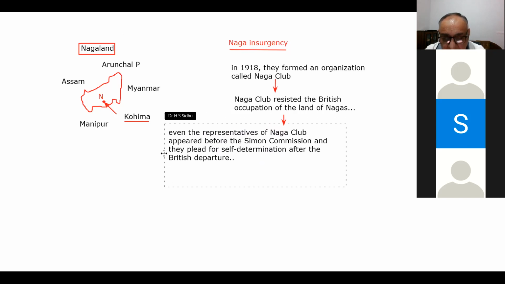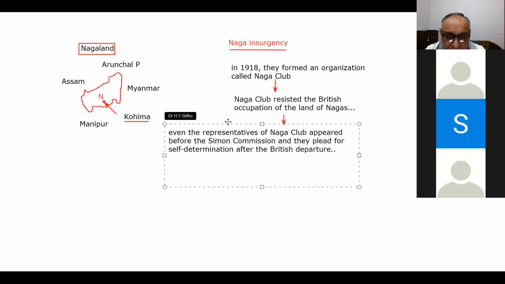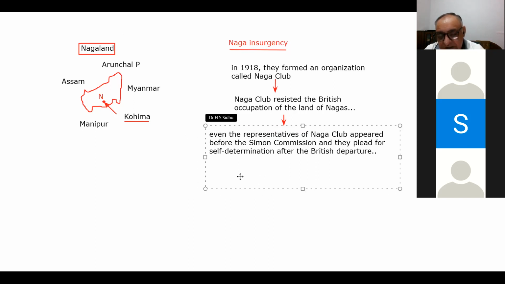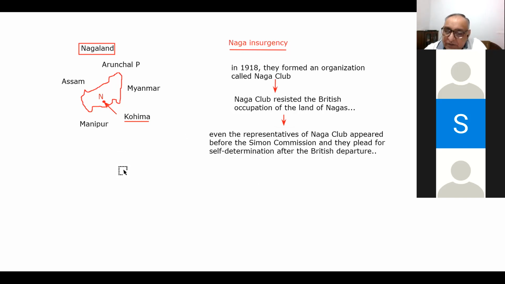It means they were not happy with that. So that is why even they pleaded before the Simon Commission that they should be given the right of self-determination after the British leave the country, right? So that was basically there.